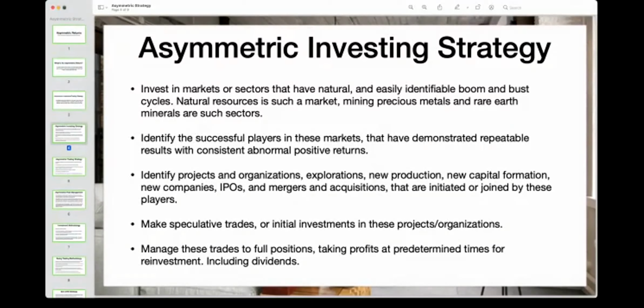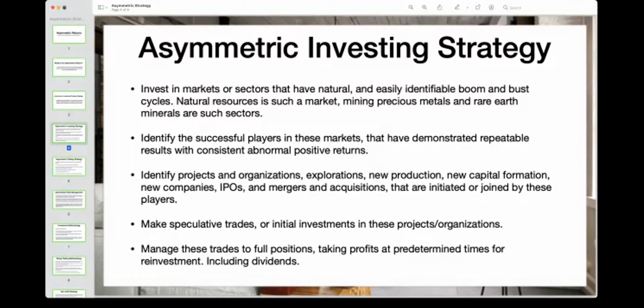And then we have two different types of trades that we make. We have speculative trades and/or initial investments in these projects or organizations. We look at speculative trades differently than investments, based basically on the amount of capital that we're willing to allocate. So for speculative trades, we allocate less, and for investments, we can allocate more.